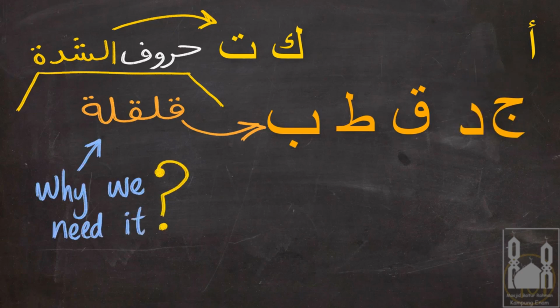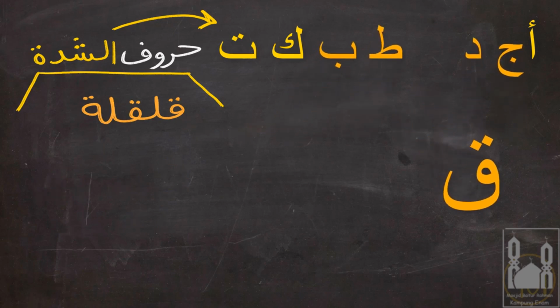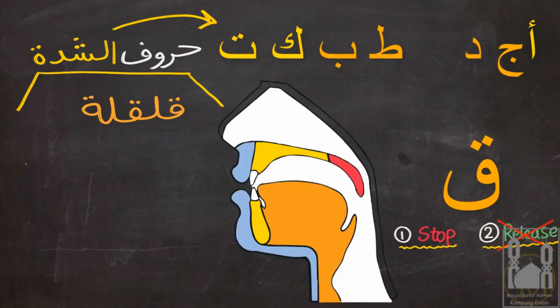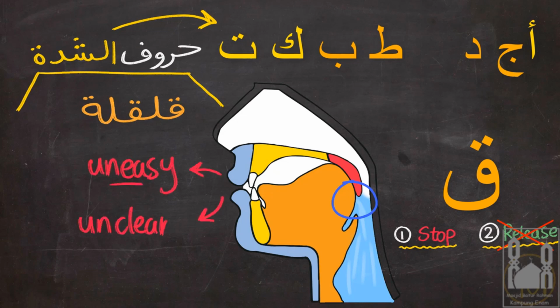But how's that? Well, when we try to pronounce qaf while only performing the first action, just the stoppage of air, it would sound like this: aq, aq. We have not released the air that we have accumulated, in other words, without qalqala. You can immediately feel how uneasy it sounds, and most importantly, how unclear it is to differentiate which sound it is.